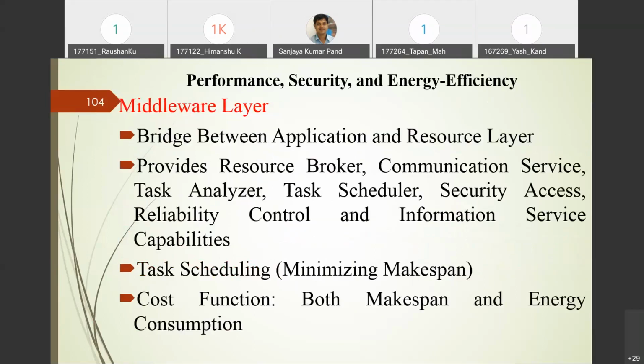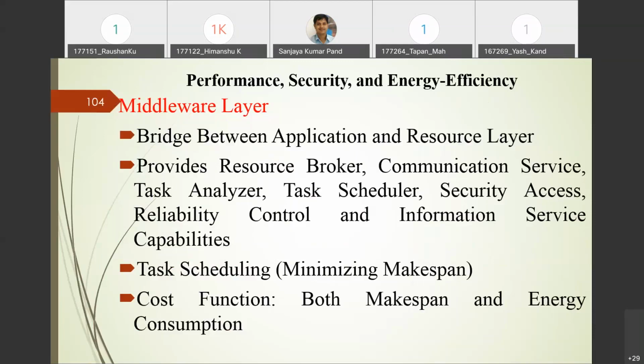The second layer is your middleware layer. You know that the middleware layer is an intermediate layer between the top layer, your application layer, and the resource layer next to it. It is responsible for many things: any type of management issues and any type of fault tolerance issues will be handled by the middleware layer. I also mentioned a word, if you remember, single system image, which is the responsibility of this middleware layer.